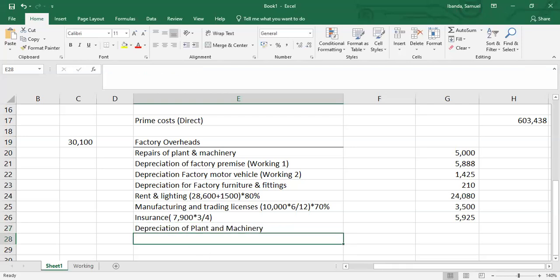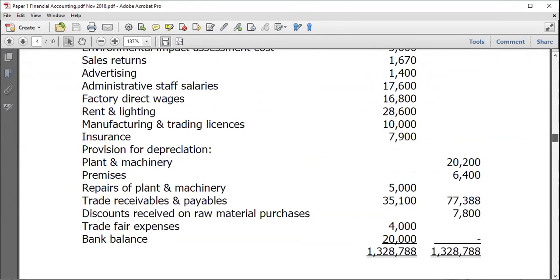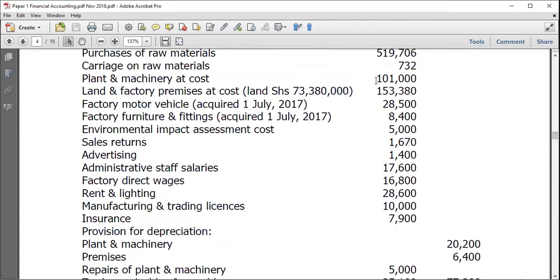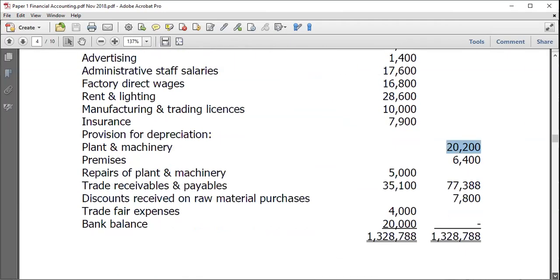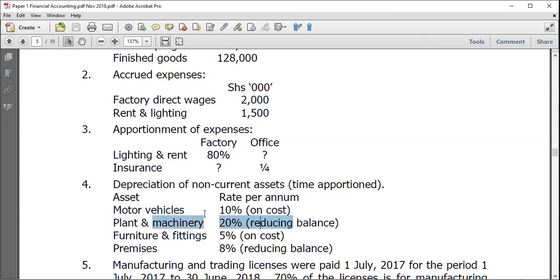Now, how do we depreciate plant and machinery? Let's come back here. For plant and machinery, they gave us this cost. This is the cost, and then the accumulated depreciation is here. Like I said, provision for depreciation is also accumulated depreciation, which is 2,200. Let's see which method. Plant and machinery is on reducing balance.